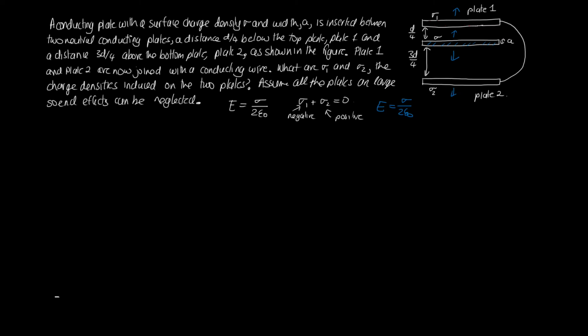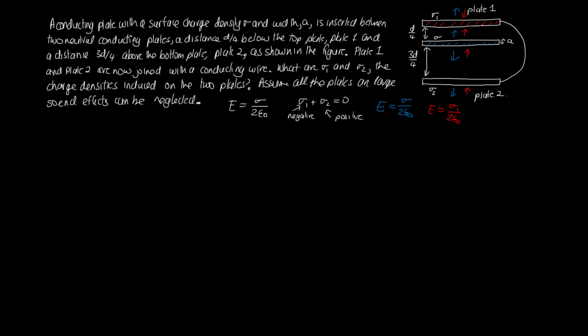So let's now consider the top plate, and we'll color sigma 1 red, and we've said that sigma 1 is negative. So because it's negative, the electric field is going into that plate. So it's always pointing towards the top plate. And so we can write the electric field here as equal to sigma 1 over 2 epsilon naught, and the direction is given in the diagram.